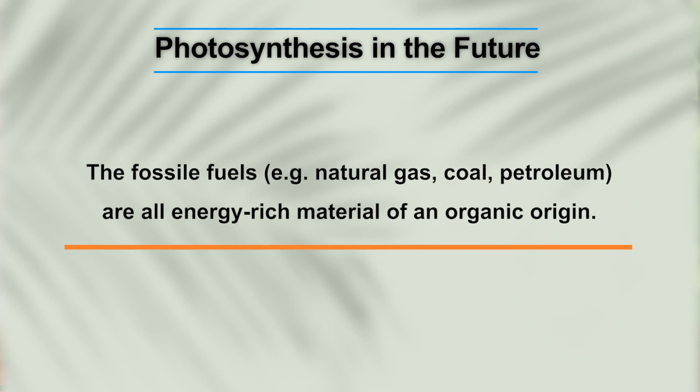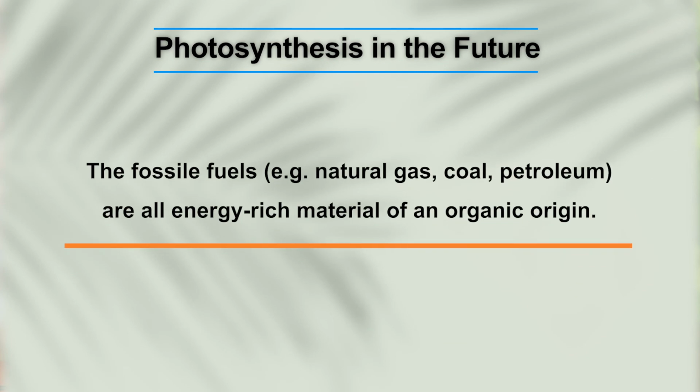And of course, fossil fuel, which is the photosynthesis activity of yesteryear plants, is being utilized now by human beings in the form of natural gas, coal, and petroleum. So we can see that photosynthesis is immensely important in present day life, and without photosynthesis there will be no life on this earth in the present day.